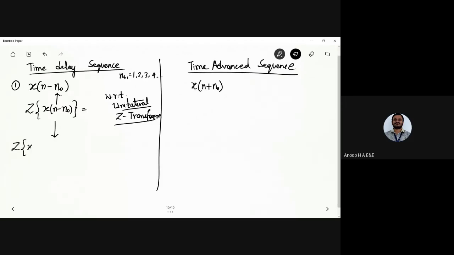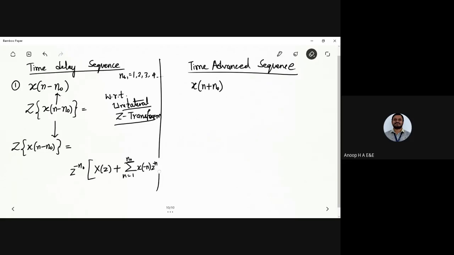So the Z transform of x of n minus n naught would be equal to, taking the Z transform, Z power minus n naught as a common factor, X of Z plus sigma n equals 1 to n naught x of minus n Z power minus n.